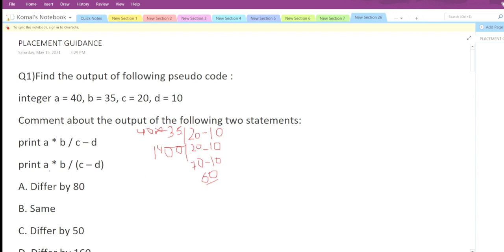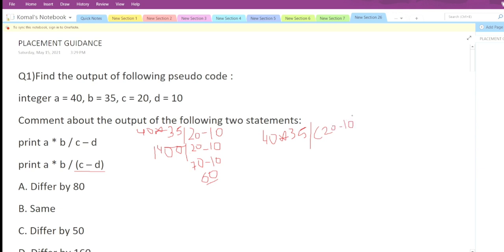So what is the second statement? A into B divided by, now what they have done is that they have put brackets here. So now it is 40 into 35 divided by, with brackets now, 20 minus 10.